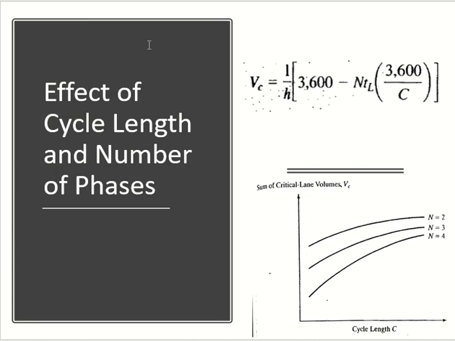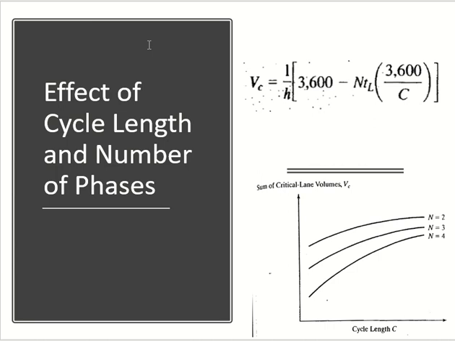I cannot change it either. So what are the remaining items now? C and N. C is cycle length, not capacity, and not the other things that also use the letter C. It's cycle length.